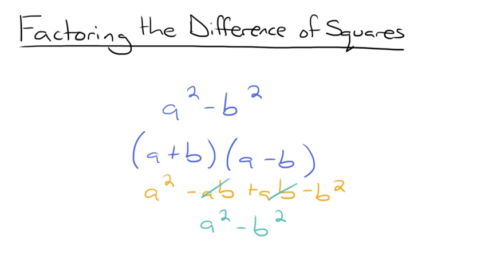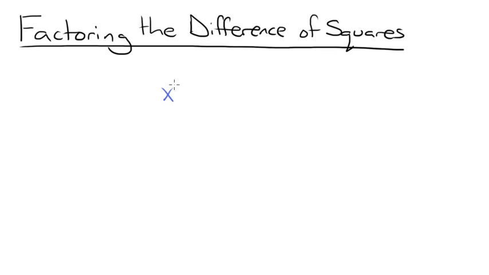So let's look at a few examples. x squared minus 4. We know that this is an example of a difference of two squares because it is a binomial with a subtraction sign between the two terms, and both terms are perfect squares. To factor this binomial, take the square root of both terms, ignoring the minus sign. So the square root of x squared is x, and we're going to take the positive square root for each of these.